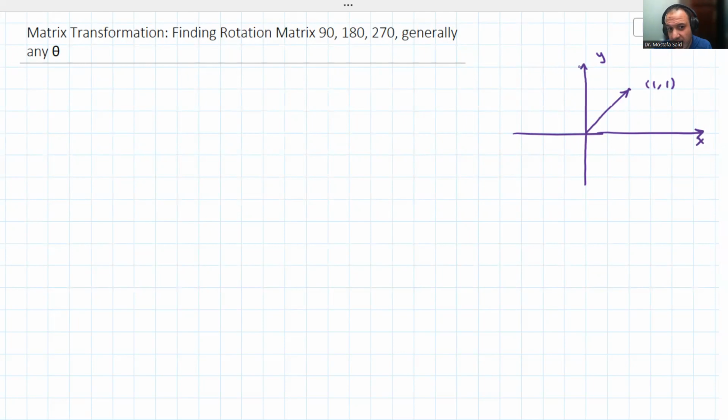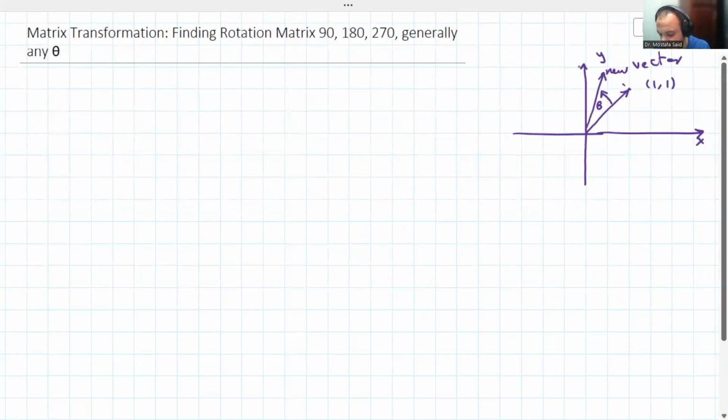So when we say rotate, we're gonna rotate with a certain angle. For example, we can rotate with an angle theta, and our new vector will be in that new location. So this point here will move to that new point. So 1 1 will move, for example, to x and y.